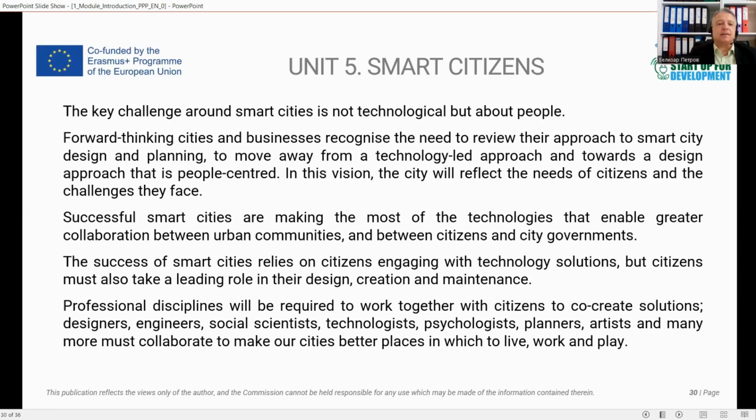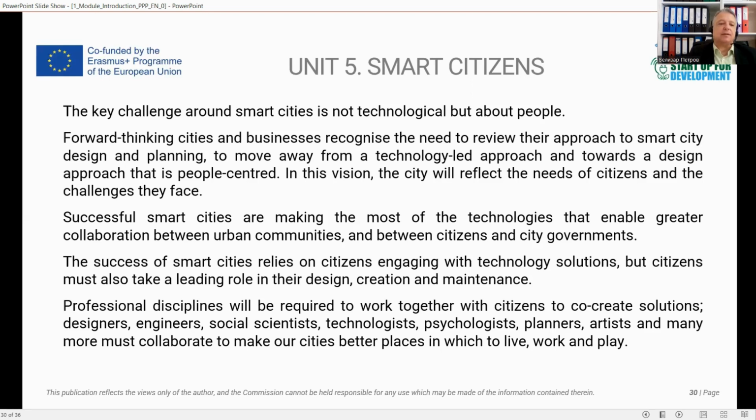Successful smart cities are making the most of the technologies that enable greater collaboration between urban communities and between citizens and city governments. The success of smart cities relies on citizens engaging with technology solutions, but citizens must also take a leading role in their design, creation, and maintenance. Professional disciplines will be required to work together with citizens to co-create solutions.